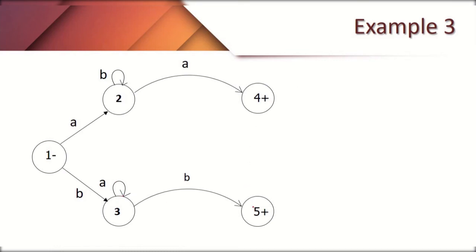State 4 and 5 both have missing transitions for A and B, so we add them, but with the consideration of our imposed condition.